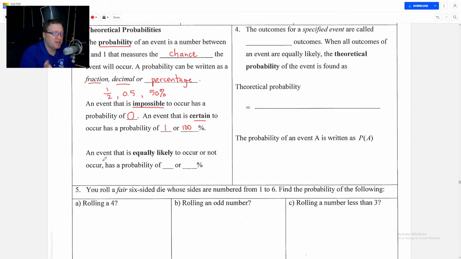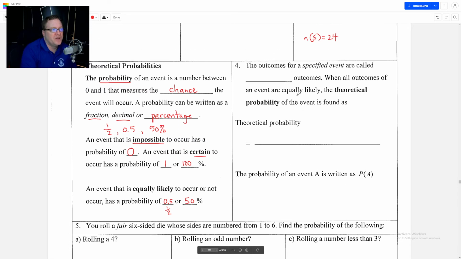So that means it has the same probability to happen or not happen. If that's true, then we say the probability is 0.5, or sometimes we would write it as 1/2, or 50%.